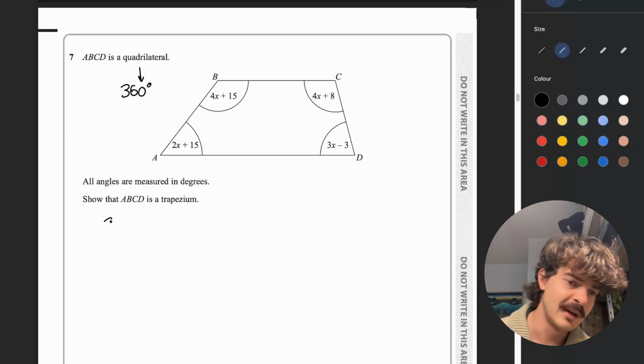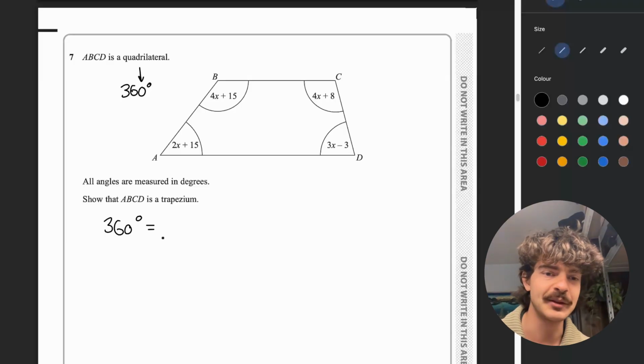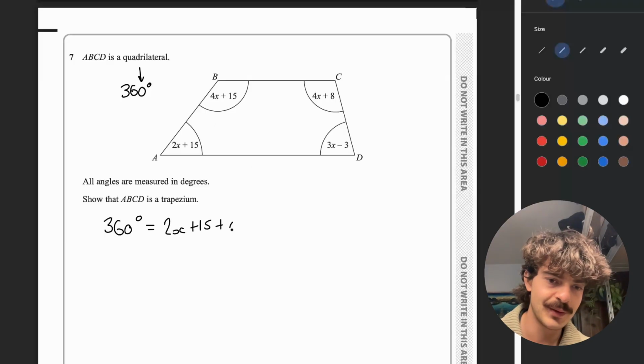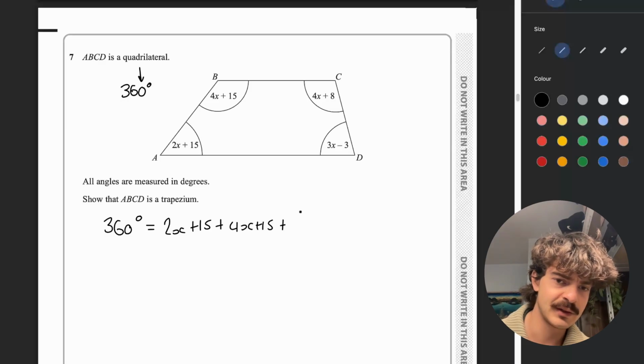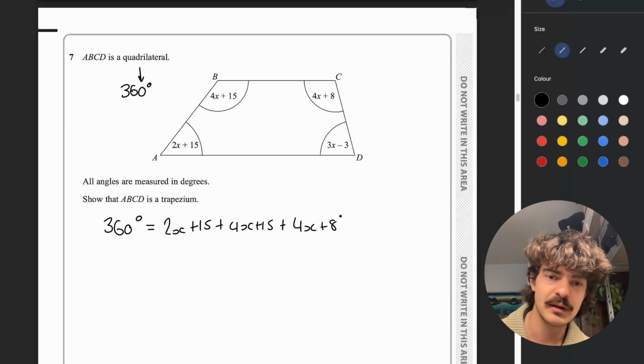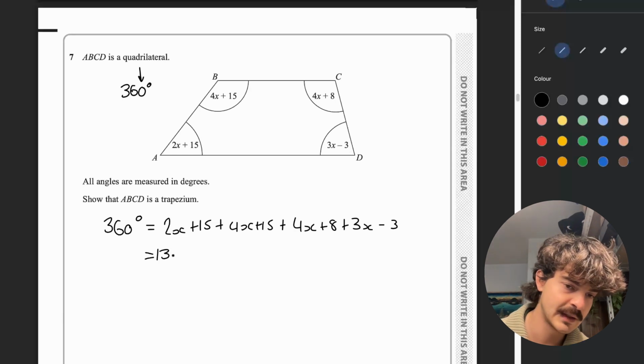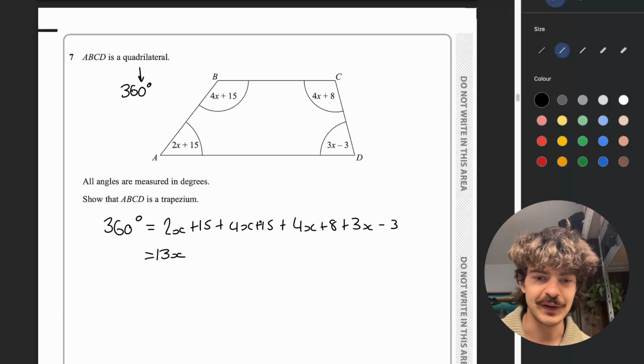So we know that 360 degrees is going to be equal to the sum of all of these angles that are visible to us. 2x plus 15 plus 4x plus 15 plus 4x plus 8 plus 3x minus 3. Cool. Let's combine our x's. There's going to be 8x there plus the 2. That's going to be 10 plus 3. That's going to be 13x. 15 plus 15.